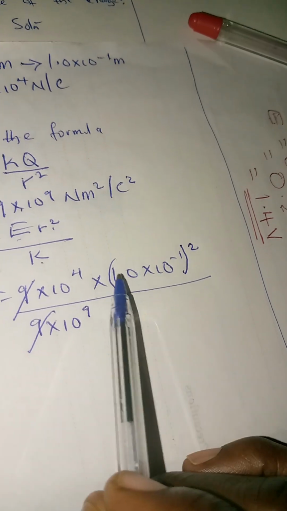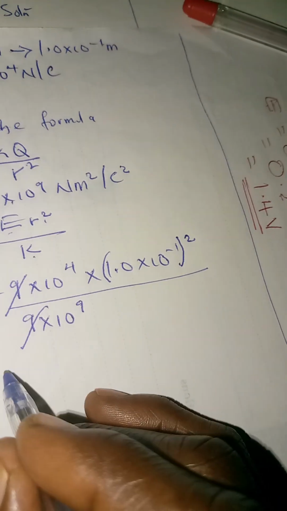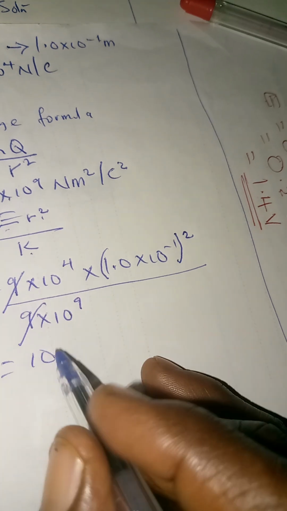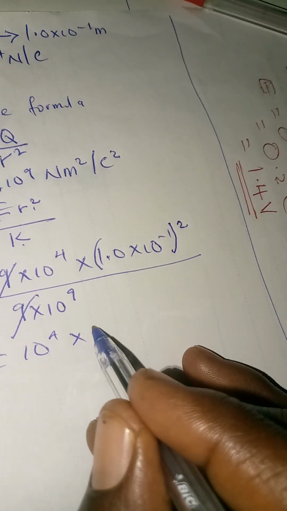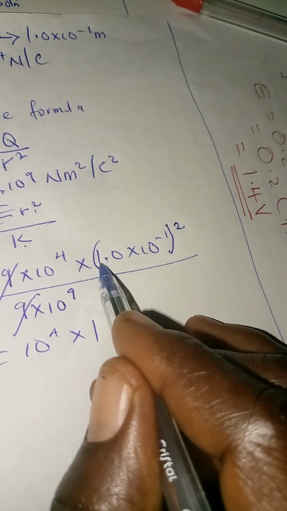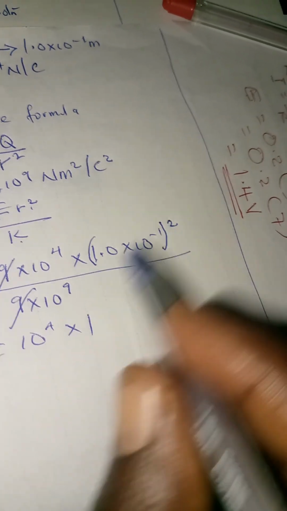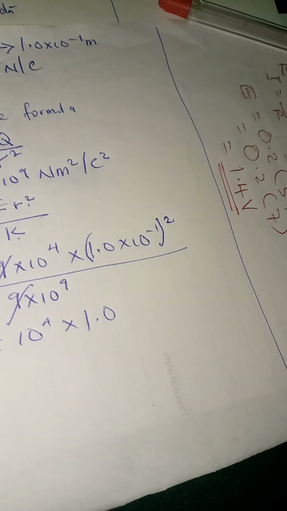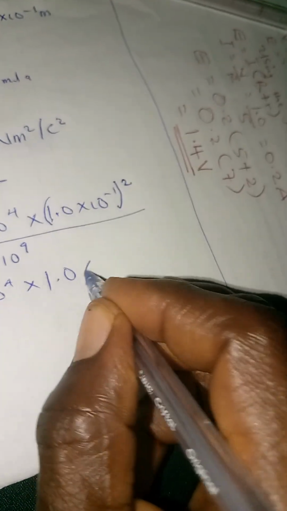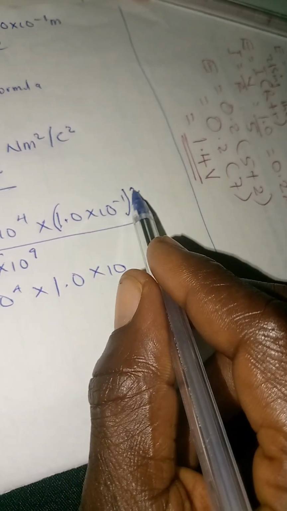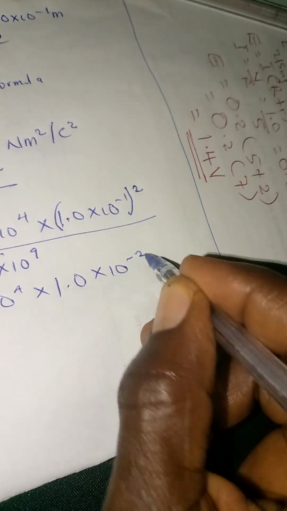I'm going to open this bracket. If I open this bracket, I'm going to have something like 10 raised to power 4 times 1.0 raised to power 2, which is still the same, 1.0. Now times 10 raised to power minus 2.